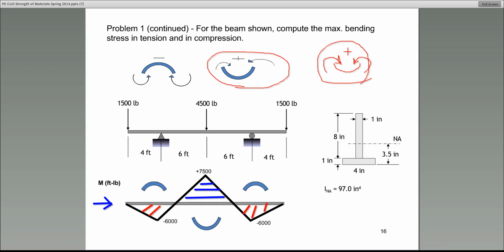Let me see if I can erase that. And then another way of looking at it is this. When we have positive moments, they cause tension in the bottom. Take a look here.